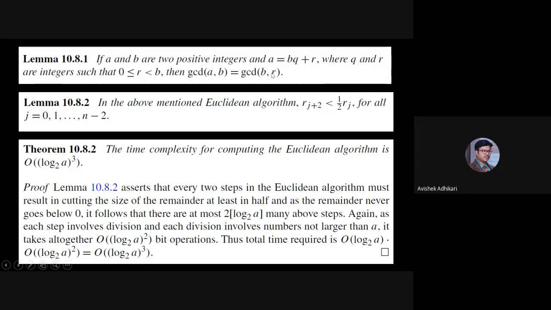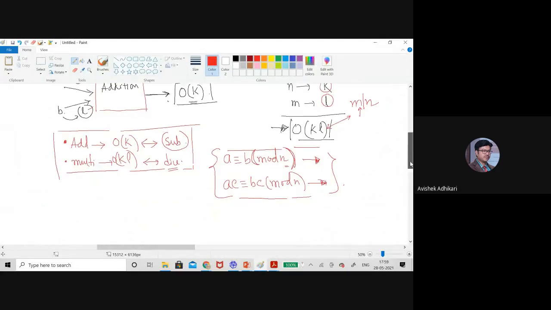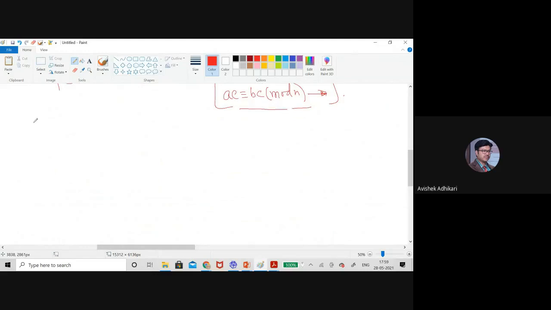For example, in our case of 16 and 10, we had 16 equals 1 into 10 plus 6. So this was my a, this was my b, and this was my r.